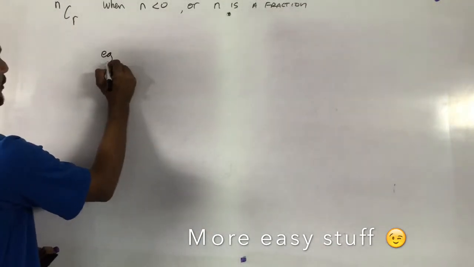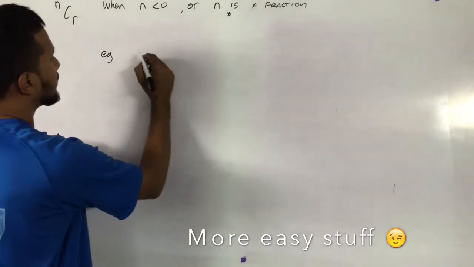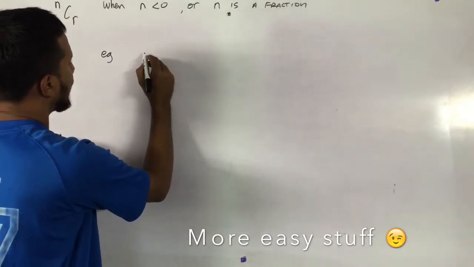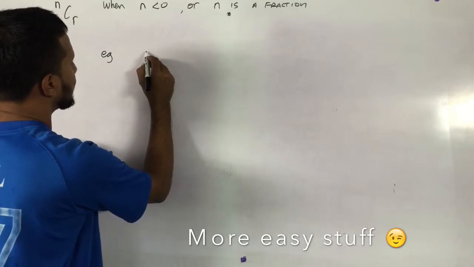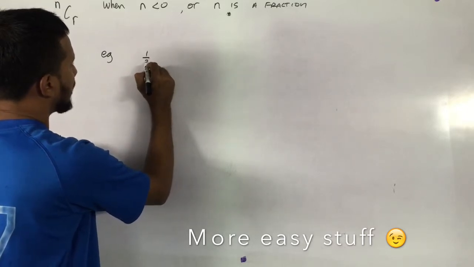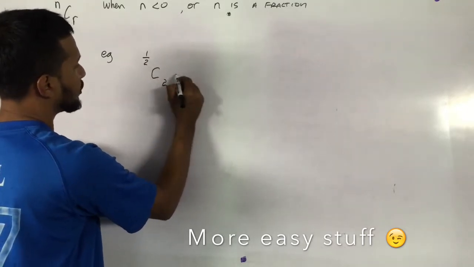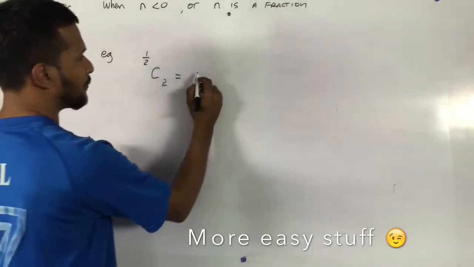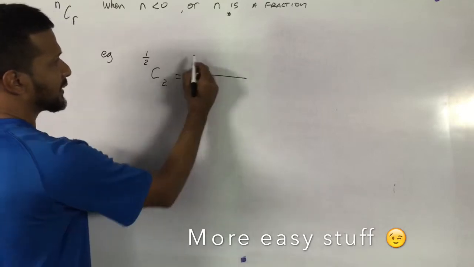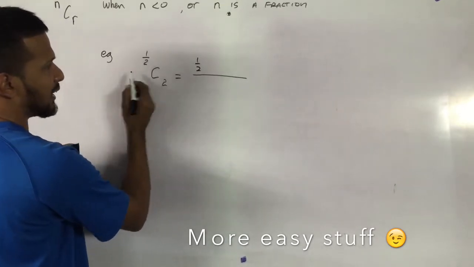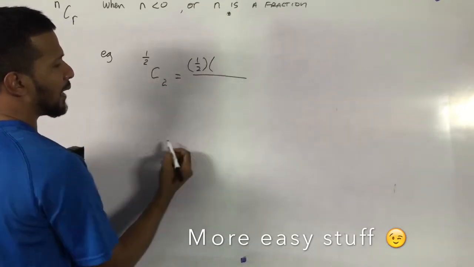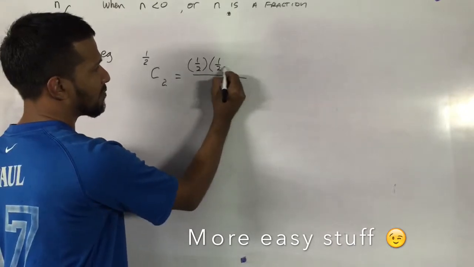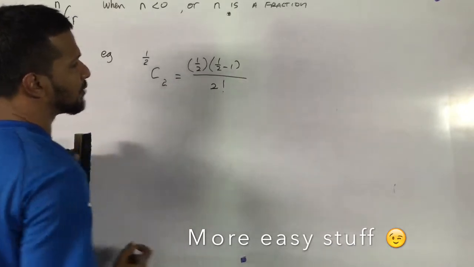So for example, if we have to get, let's do something simple, a half C2. How are we doing that? Well, it's fairly simple. It works like this. A half, which is this value here, by a half minus 1 all over 2 factorial.